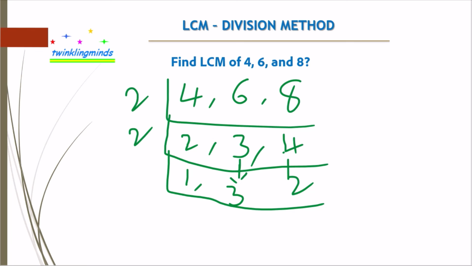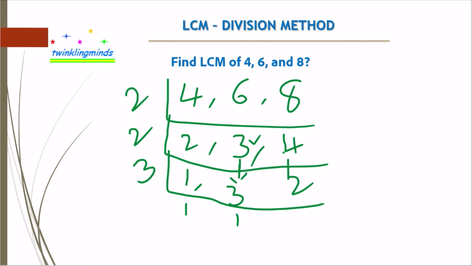So let us take 3 now. 1 we will just take the same, because as discussed earlier, if you can't divide, then we will just take that number as is. 1 anyway, quotient is 1, nothing to do with that anymore. Now 3 threes are 1, so the quotient is 1 here.